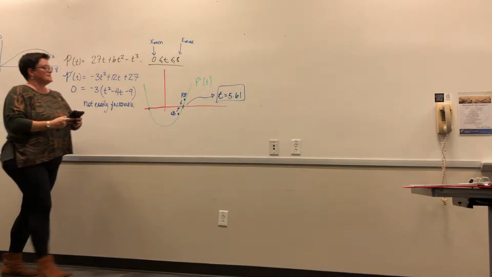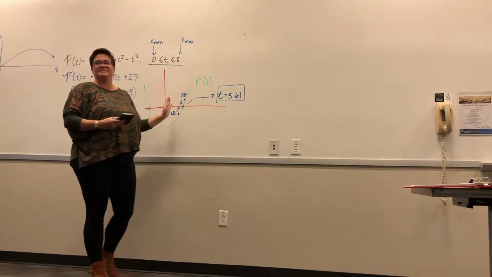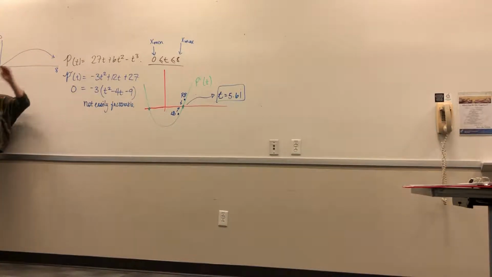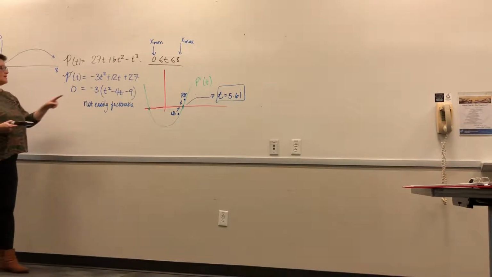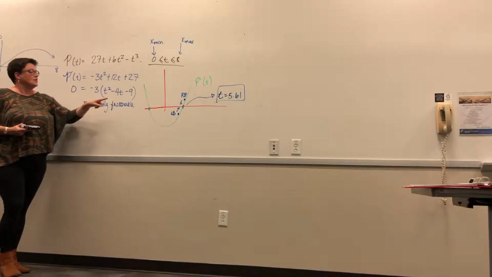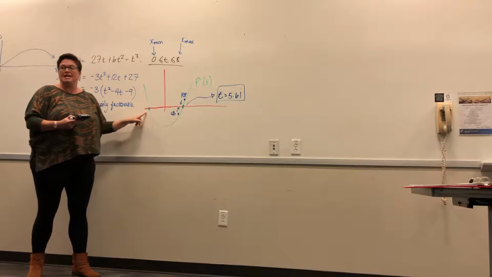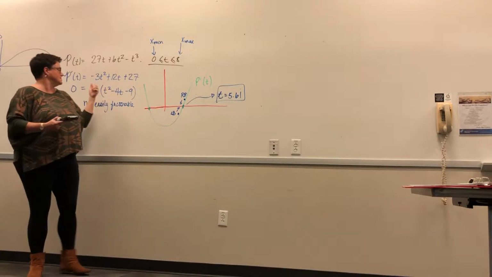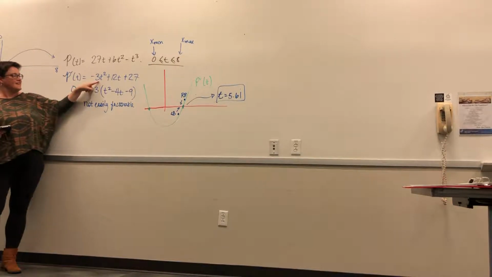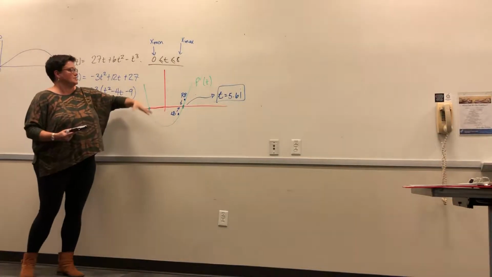So remember how I said that this should be negative slope and this should be positive slope out here? Well, they're switched, clearly, right? We start with positive slope and then we go negative. Why is that? What did I factor out? A -3. Your critical values won't change, but the slopes will flip because I factored out a negative number. So if I were to have graphed this instead, this would just be flipped.